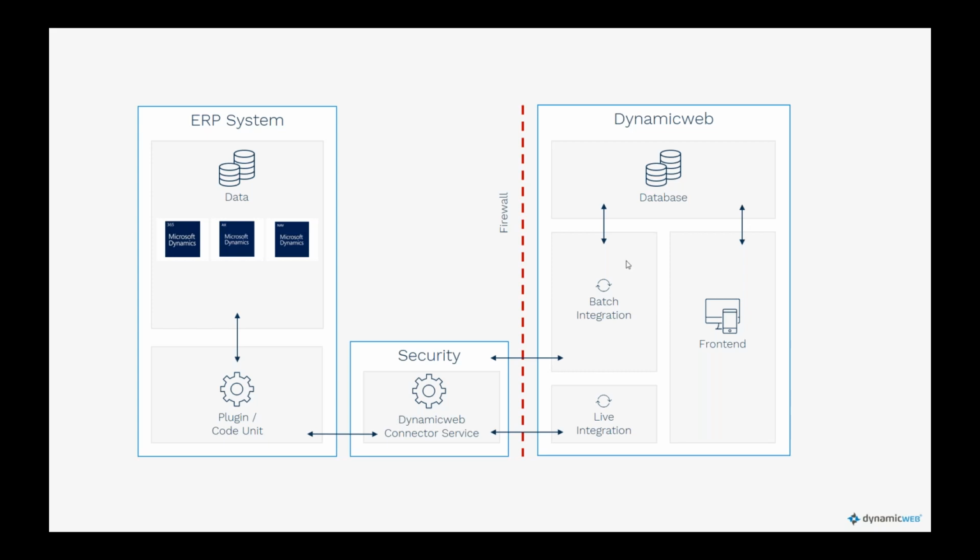So when it comes to integration, we work with two types of integration: a live integration, which was the scenario I just described to you, and a batch integration where we move information on a periodical basis. That means that we can set up flows, for example, transferring information like contacts, users, accounts on a batch basis, typically more static data, whereas stock, prices, availability is on a live basis.